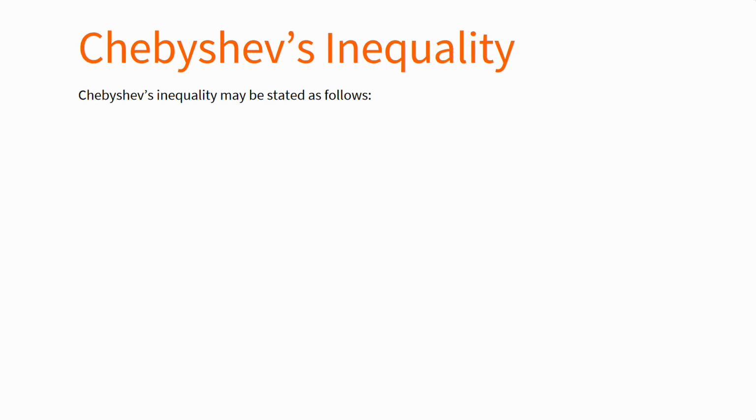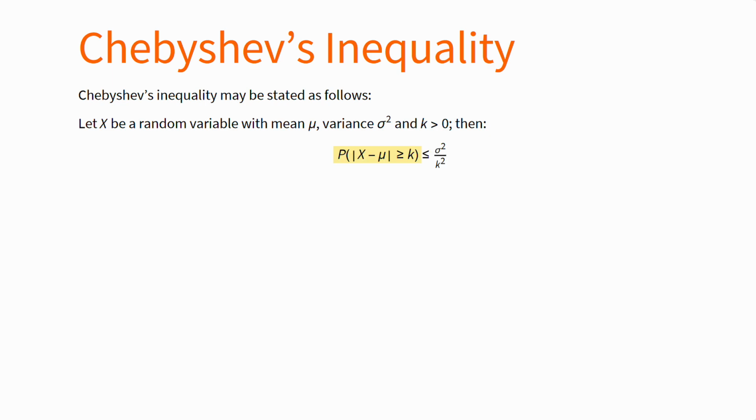Next, Chebyshev's inequality may be stated as follows. Consider x is a random variable with mean mu, variance sigma squared, and k greater than 0. Then the probability the difference from the mean is greater than k is less than or equal to the variance divided by k squared.